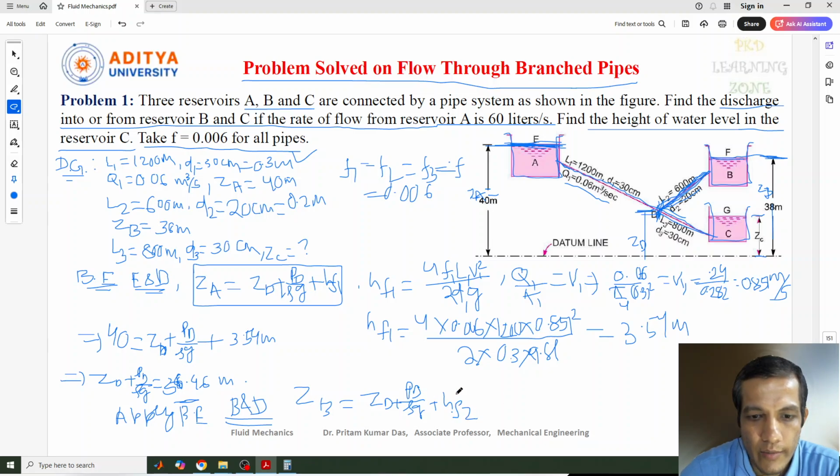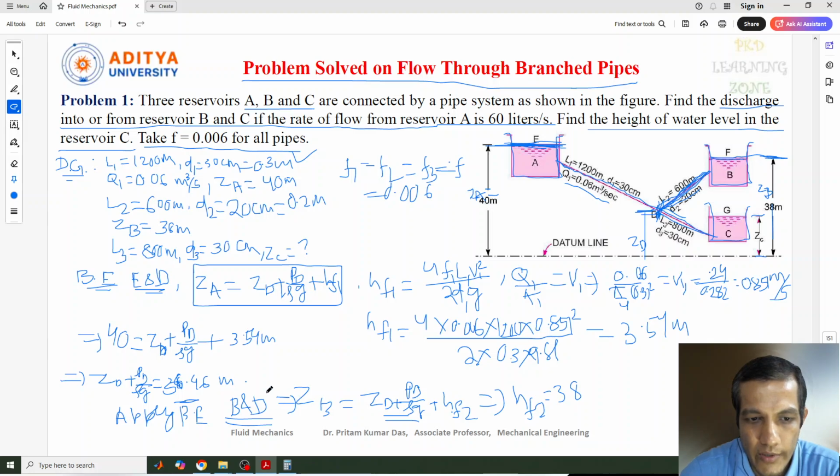Similarly, let me keep HF2 here; the remaining values I know actually. ZB equals 38, and all the other terms I will take to the left hand side.